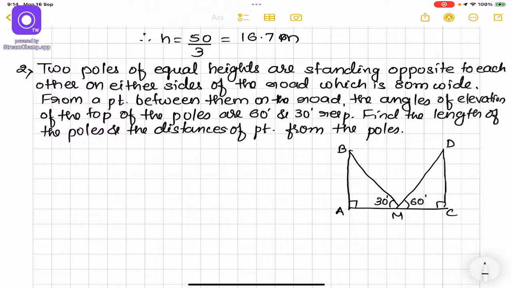So let this point be M, and this is x meter. So this will be 80 minus x, as the whole road is shown to me as 80 meter.